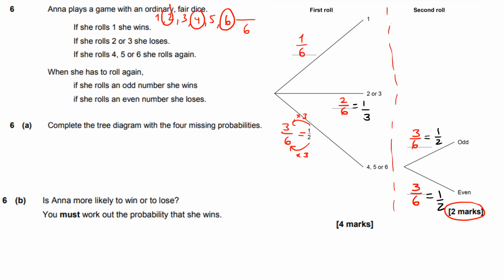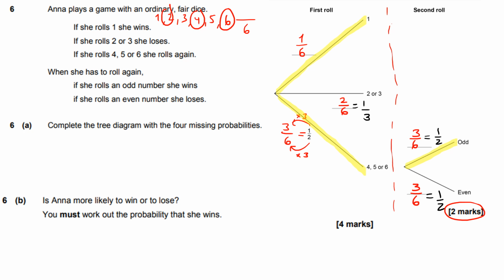So she would win if she scores a 1, or she would win if she scores 4, 5 or 6, and because she would have to carry on, she'd roll again, an odd number, which is going to be 1 out of 2, or you can just use 3 out of 6.